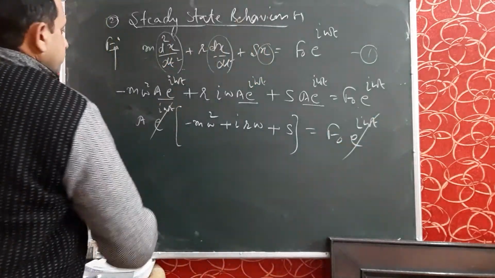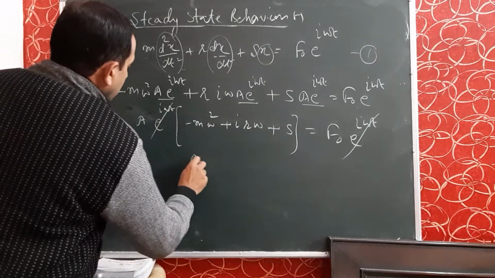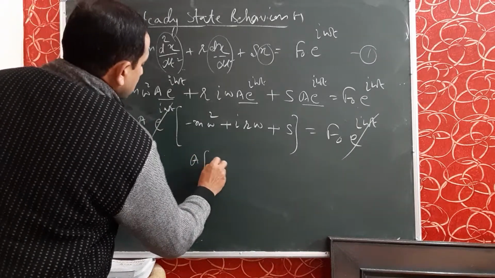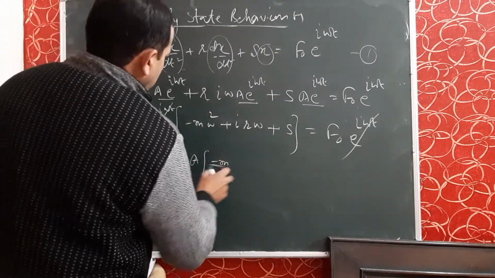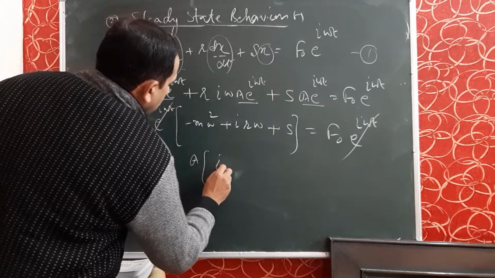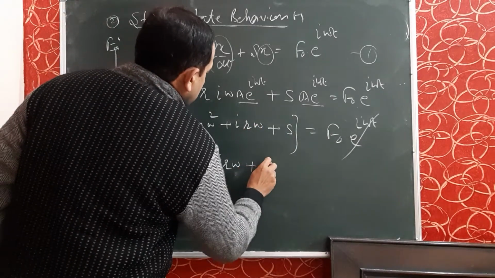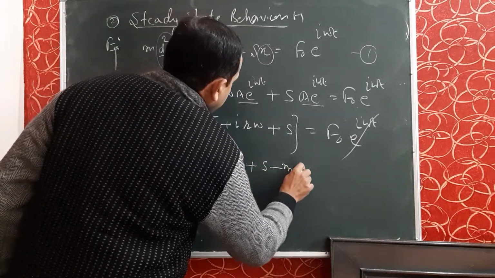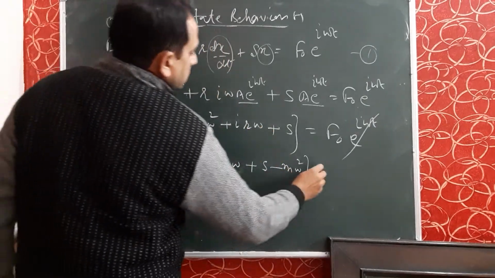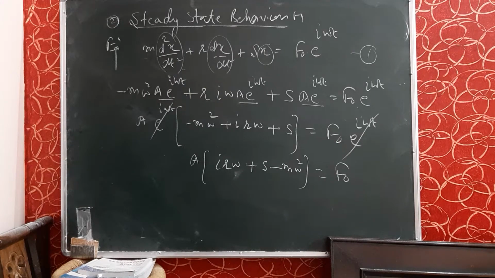So, e power iota omega t will be cancelled on both sides and the remaining equation is a into iota r omega plus s minus m omega square is equal to f naught. So, this is the remaining part.